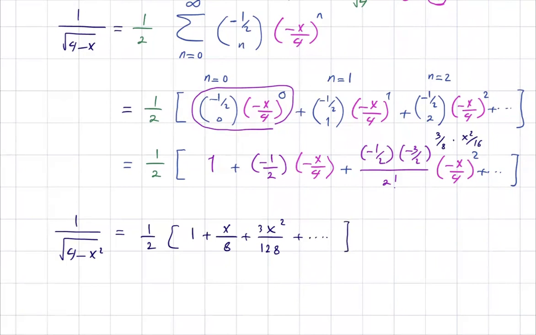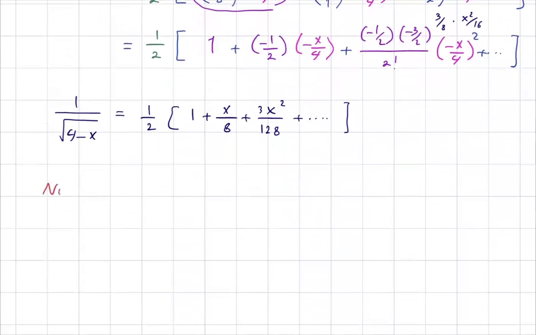So why is this helpful? Because later on, if you have a crazy looking function, like 1 divided by, doesn't have exponent 2, 1 divided by square root of 4 minus x squared, then you can use this expansion to find the integral or approximate the integral. So please note that. That's an important note.